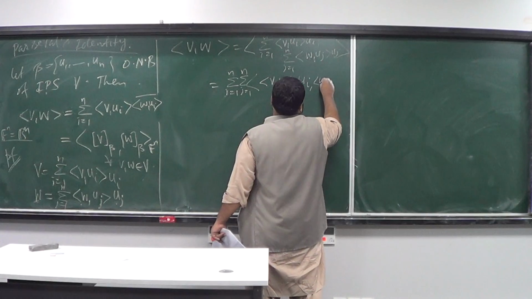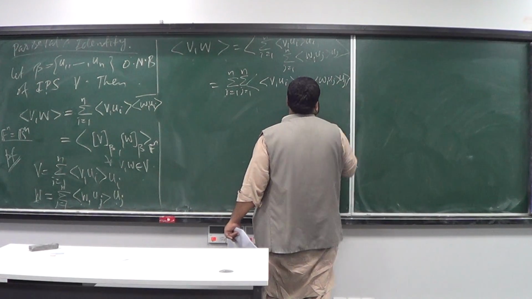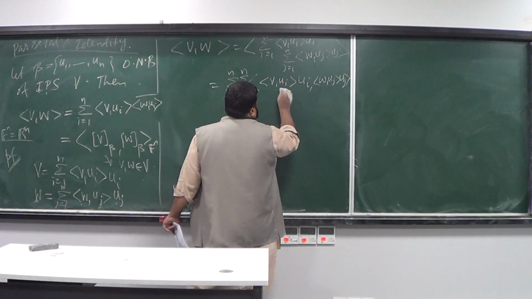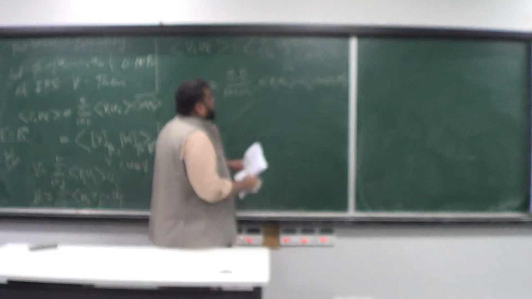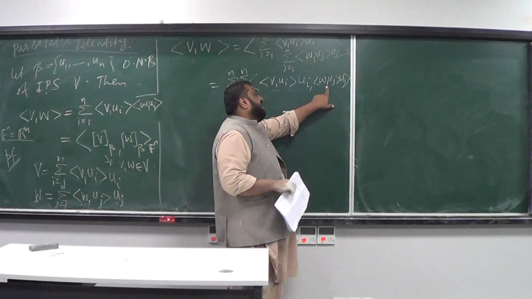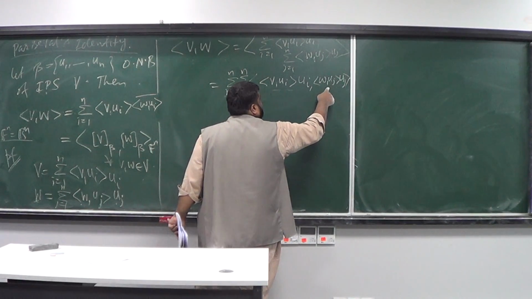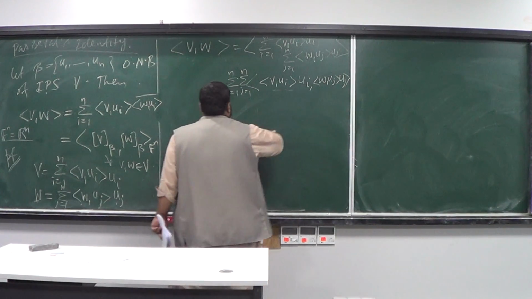Now this is a scalar, this is a number. I can pull it out of the inner product, and this is also a scalar, I can pull it out of this inner product. But when I put this scalar out of the inner product, I need to put it into what we call conjugate.